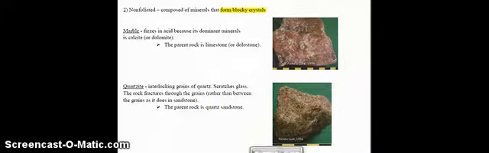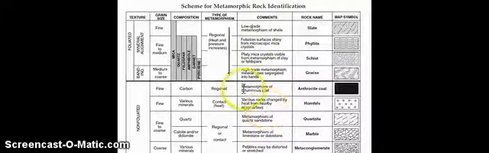So if we go back to our reference table, like I said, under comments, you really want to look for what it used to be. So anthracite coal used to be bituminous coal. Hornfels is really difficult to identify because this could be any rock that has gone through contact metamorphism. So various rocks can change into hornfels. Quartzite is made from quartz sandstone.